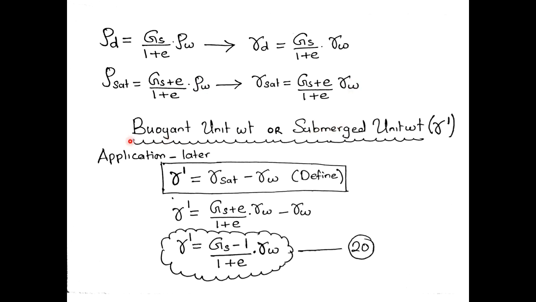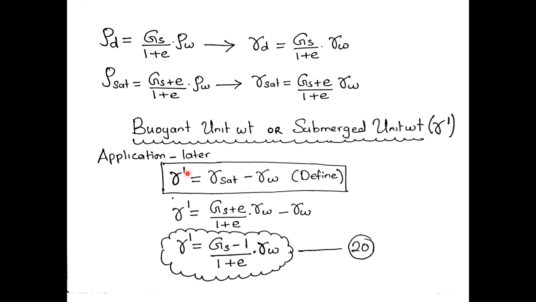Next, an important one: buoyant unit weight or submerged unit weight, gamma dash. Its application comes later; it is a necessary parameter for effective stress calculation in soil.